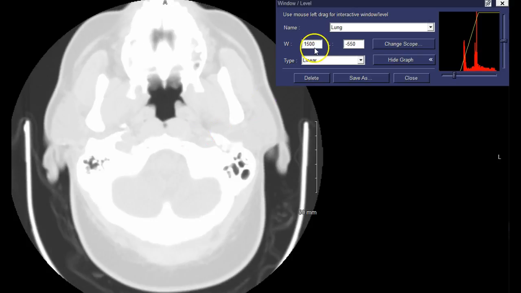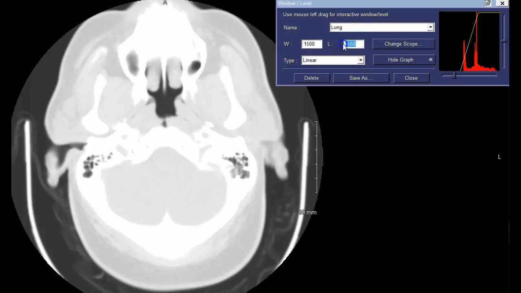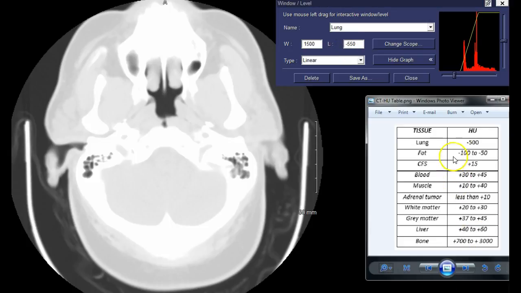You know, also just note, just in general, how that impacted our window width and our window level. So if we're focusing on the structures of the lung, what just happened? Well, we know when we pull back up our HU table, those lung structures, negative 500 on this particular graph, but on this default setting, negative 550, is the ideal setting for visualizing that.